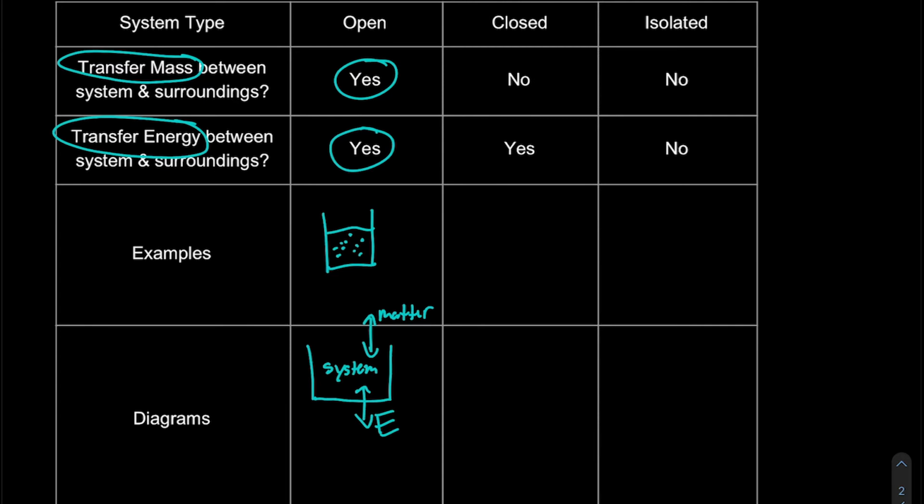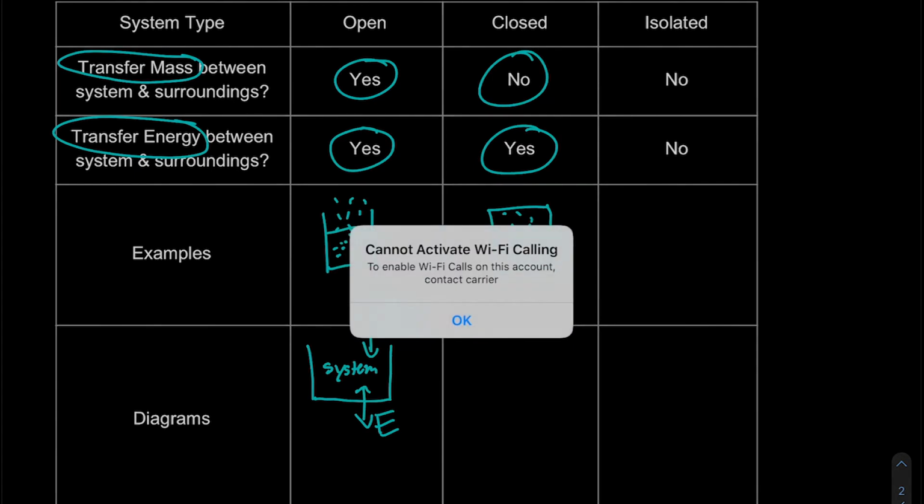A closed system is similar to that. It has the ability to transfer energy, but now what we've done is we've taken this flask or beaker, and we go ahead and we seal it. So now anything that's given off is going to be stuck in there, whereas here we could have these gas particles leaving this container. But we do still have the ability for energy to go out.